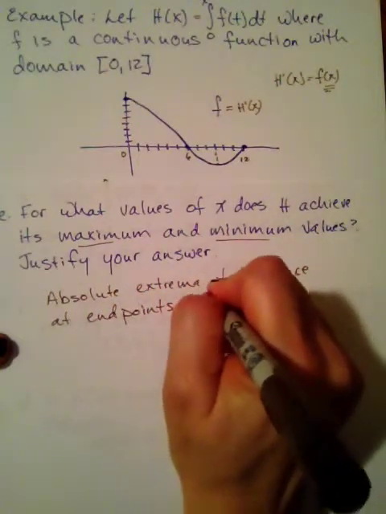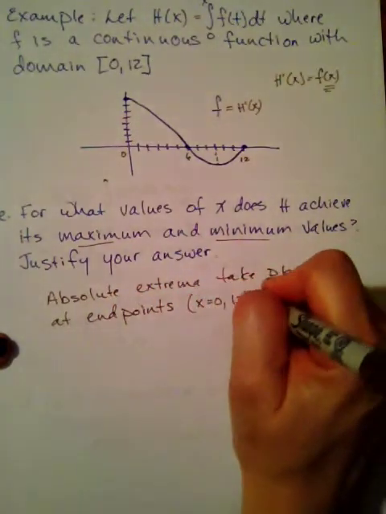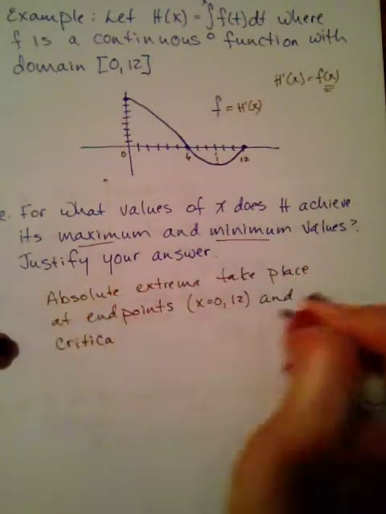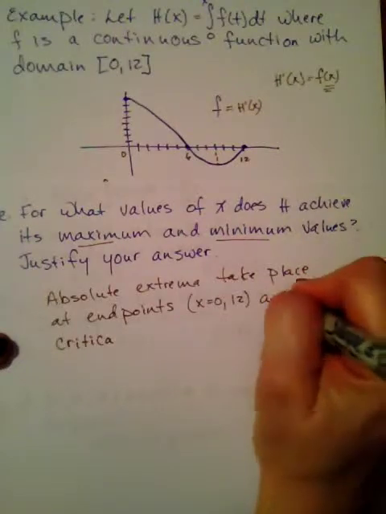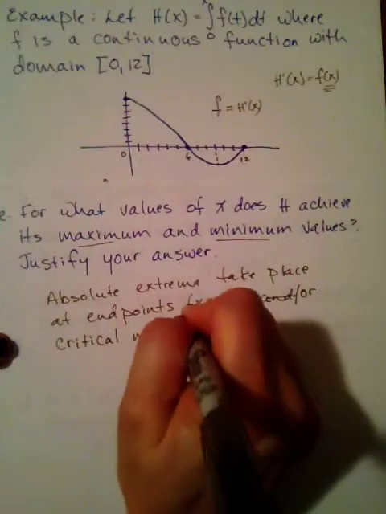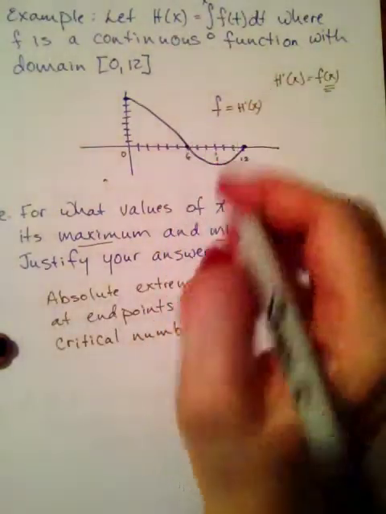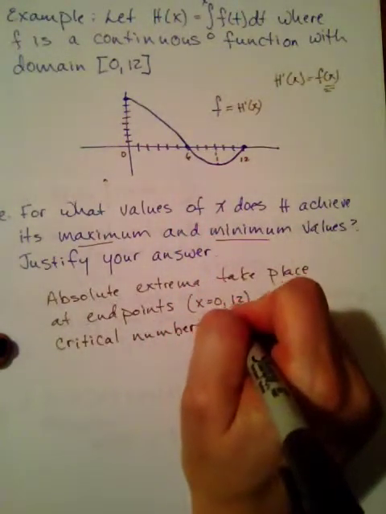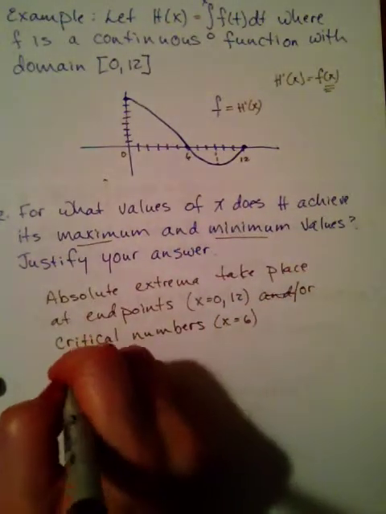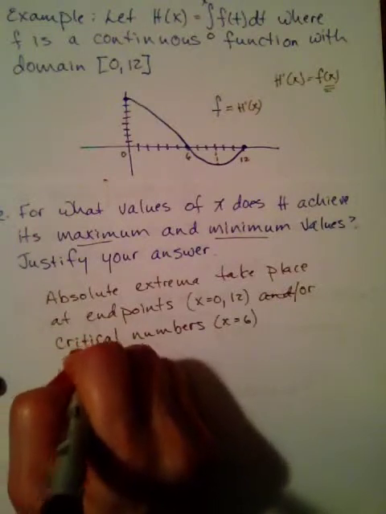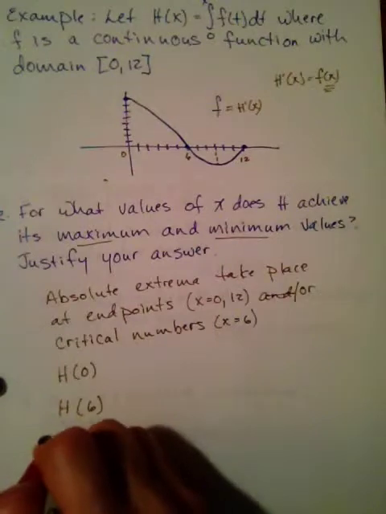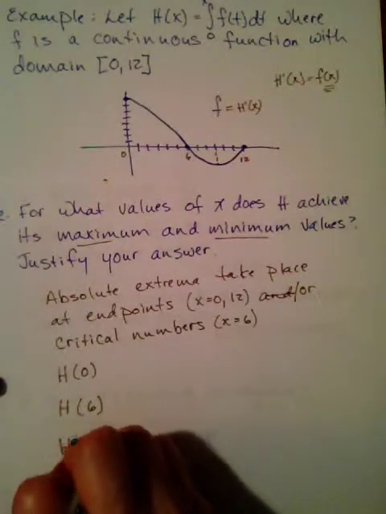So x equals 0 and 12, and critical numbers. And we have one right here. It's at x equals 6. So the question is, which of these is the greatest and which is the smallest? We're comparing h of 0, h of 6, and h of 12.